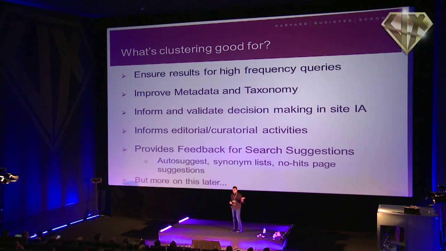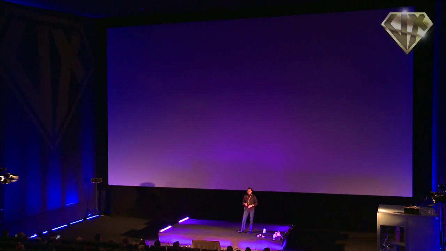The lady there talked about having analytics and numbers to make the case to your boss that a particular change is needed, and this is actually a good application of that. And we can also improve search by doing things like autosuggest and synonym lists and so on. But this is just a taste of what is to come, and we will go into more detail on each one of these areas.